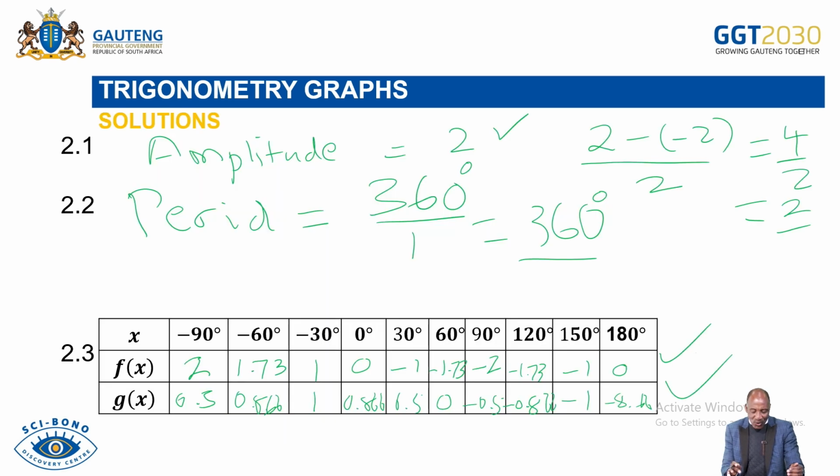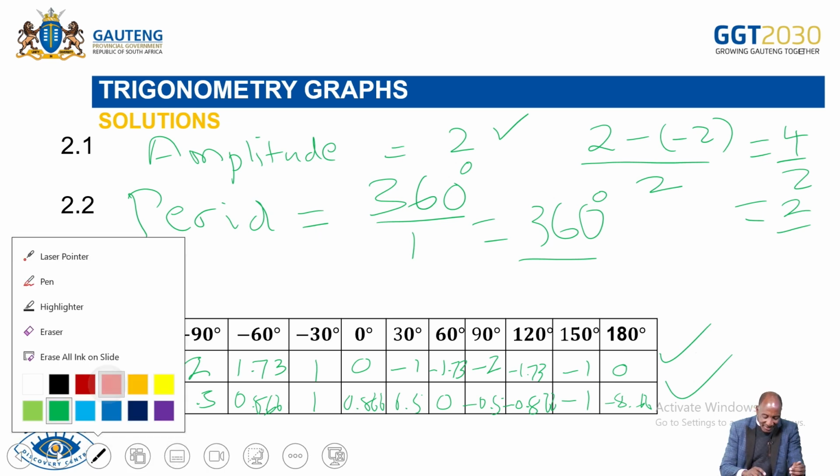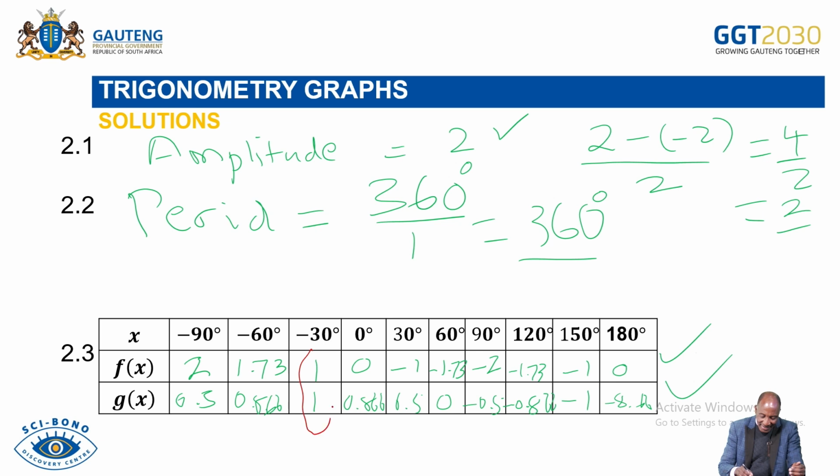If you check on your table there, at negative 30, they are both showing a 1. If I can highlight this here, both graphs share 1. Even at 150, they both share negative 1. Already this indicates that these are my points of intersection of the two graphs.